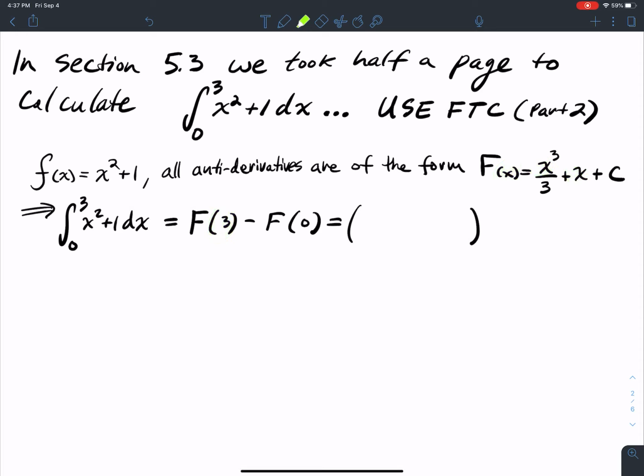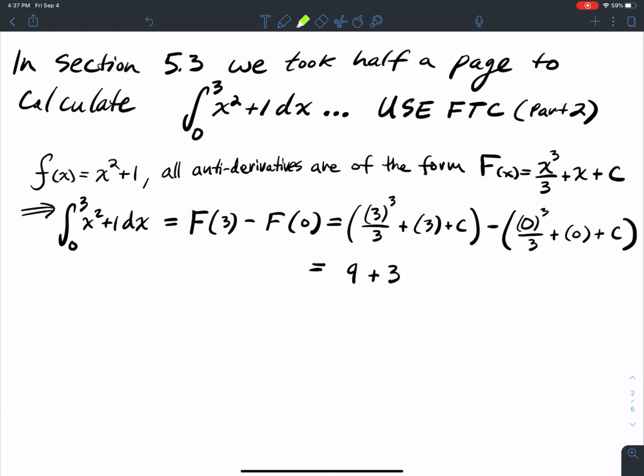And so I have 3 cubed over 3 plus 3 plus c, minus F of 0: 0 cubed over 3 plus 0 plus c. Simplify this, I get 9 plus 3 plus c minus, so I put a minus on everything in here. Now that's 0. 0 divided by 3 is 0, right? And then that's another minus 0. And then that's a minus c right there.